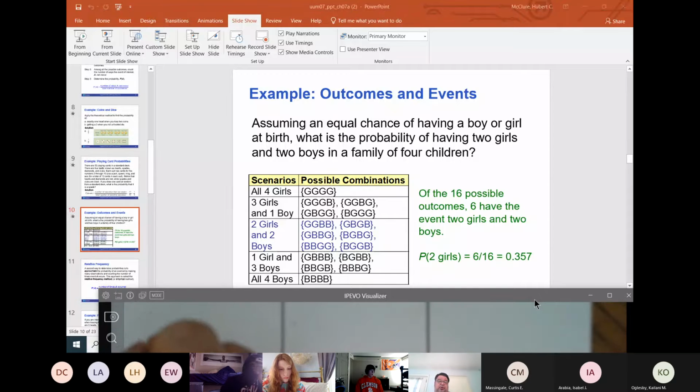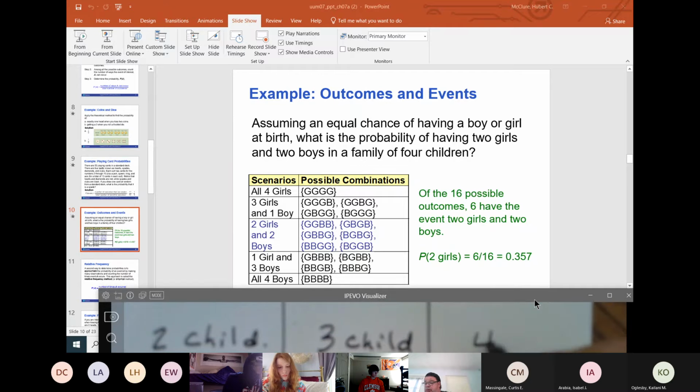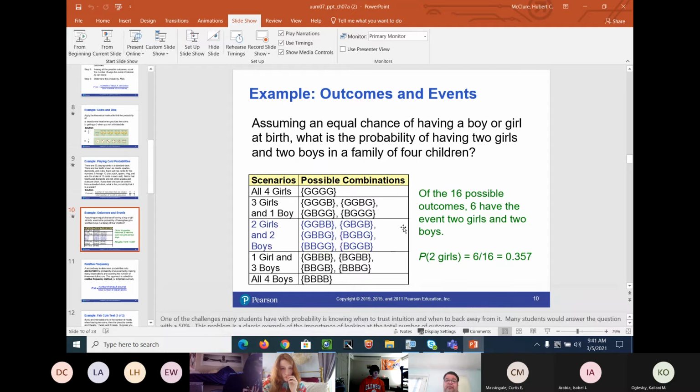I told you to put 2 children in the first one, 3 children in the second one, and 4 children on the last one. Those are my exact words. I think it was Monday. I told you to make sure you had an index card with those 3 on it. And there is 4 children.